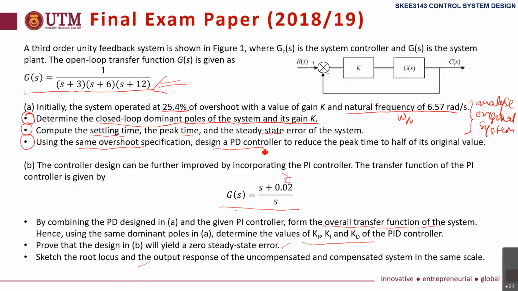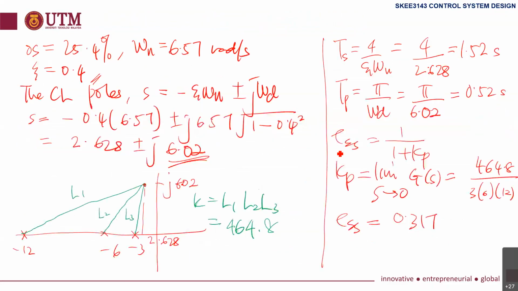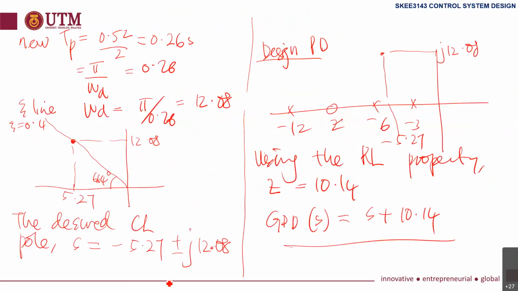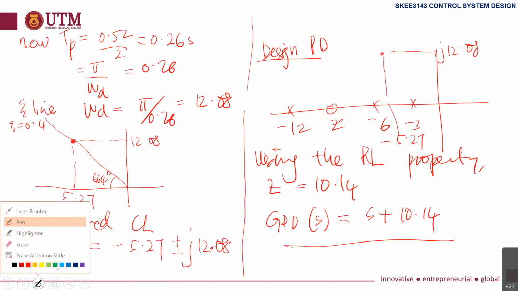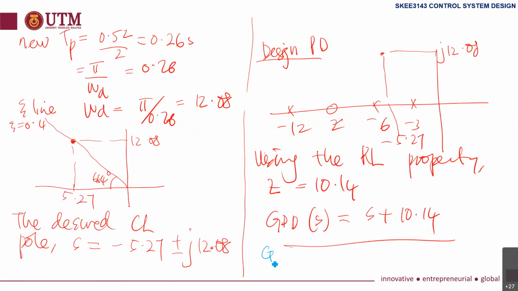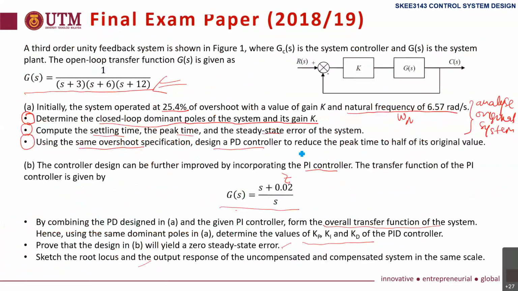Okay, B, now design the PI controller. We want to design GPI. We know that GPI is S plus Z over S. Z is small. But in this question, it is already given.